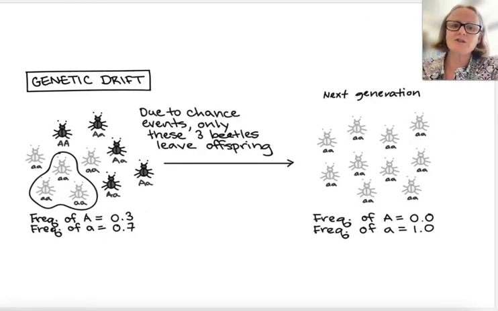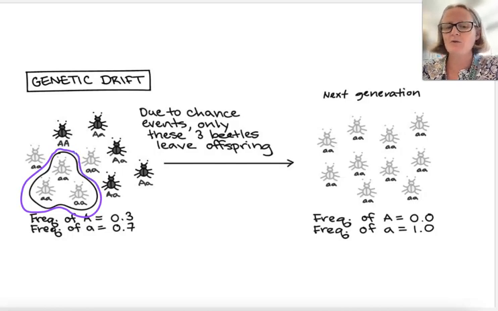Genetic drift. Genetic drift is what happens within a population, and it's just random changes in the allele frequency based on just who got lucky and who bred in that season. So in this example here, you can see that just 3 of the population, just for no particular reason, not because they were a particular colour, but just they were the ones that got to breed that season, and therefore the next generation is all little a.